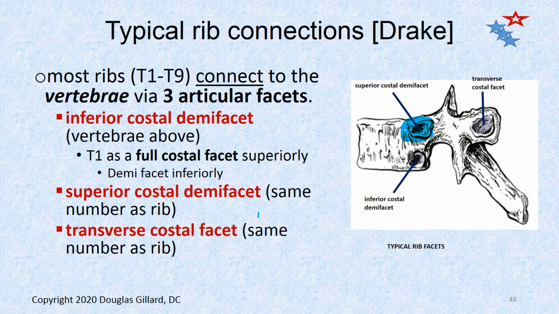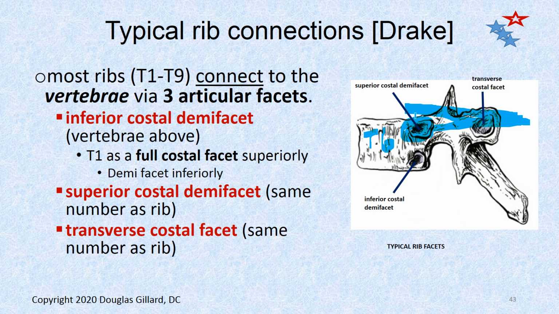Right. Now, here's an important thing. What rib connects to the superior costal facet? That's always the rib with the same number. So if this is T6, this would be the T6 rib coming in like this. But the rib's going to be big. It's going to spill over and connect to the one above.